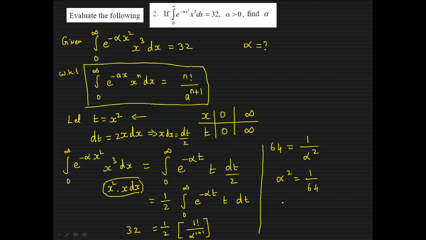So what is alpha? Alpha is equal to 1 by 8, since 8 eights are 64. It cannot take a negative value because in the question itself alpha is greater than 0. Therefore alpha is equal to 1 by 8, which is the answer for the second question. Clear?